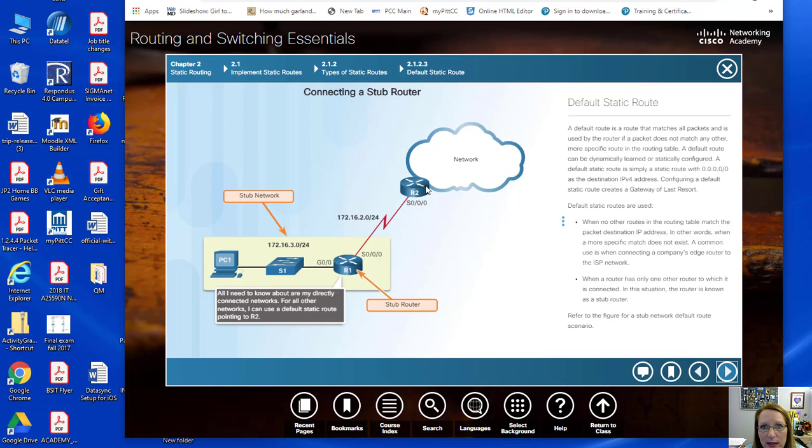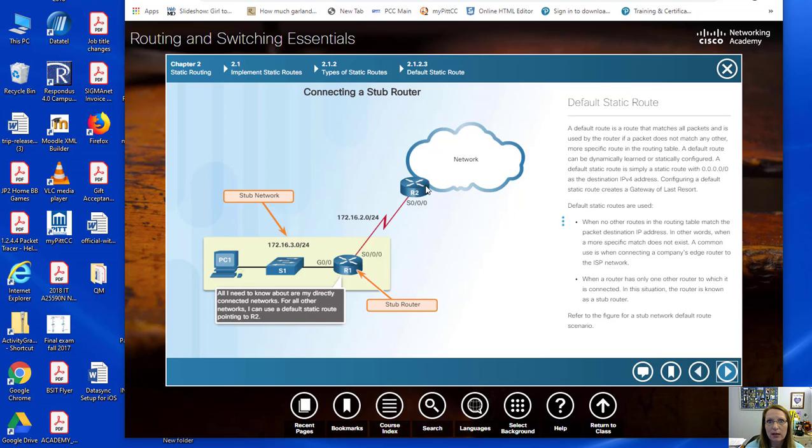If it doesn't know where to send it though, the way a router works, it'll just drop the packet unless you have a default route in place. And the default route will say, if you don't know where else to go, go here, instead of just dropping the packet, because your data may not get to where it needs to be.